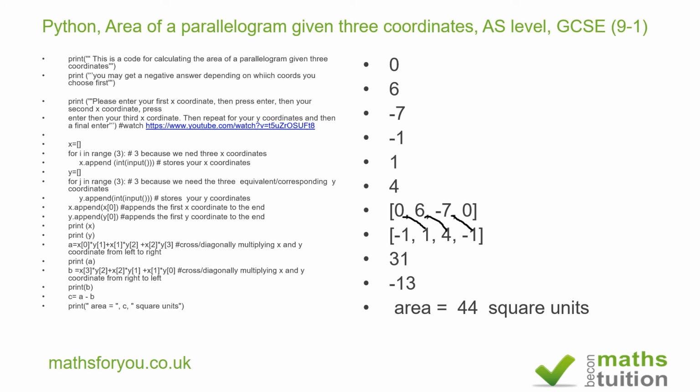That will give you the A values. Your B values will be that and that, that and that, that and that. So now you subtract, and that's A, and that's B, all of that. So that becomes 31 minus 13. And you get the answer 44 square units.